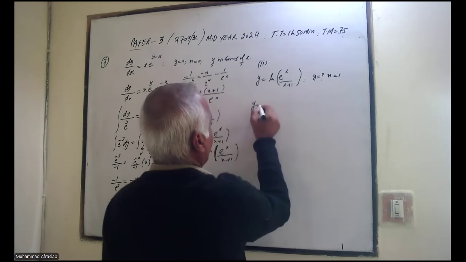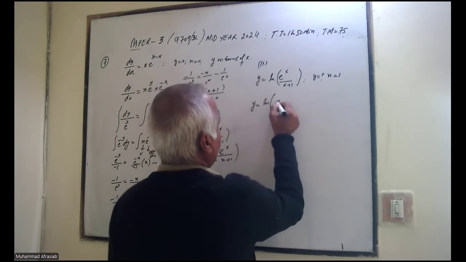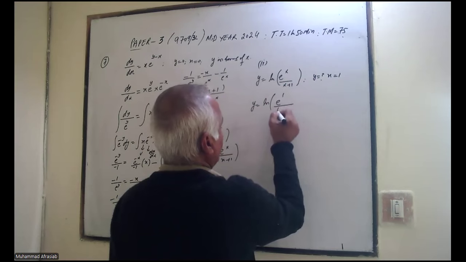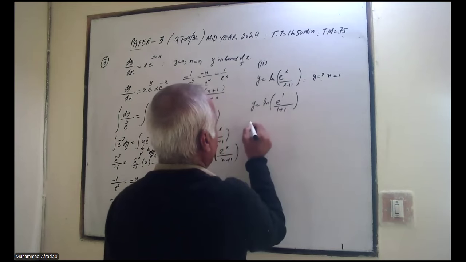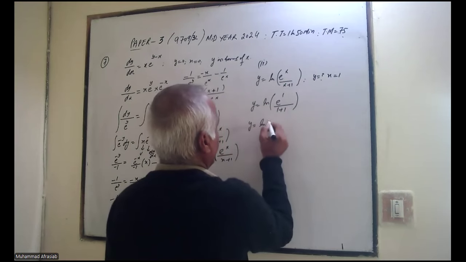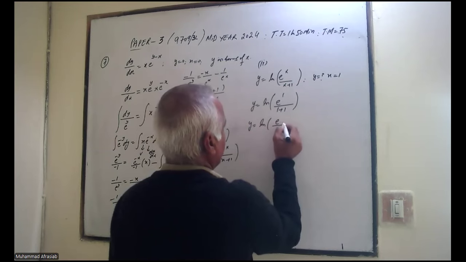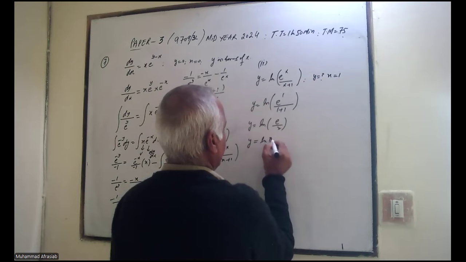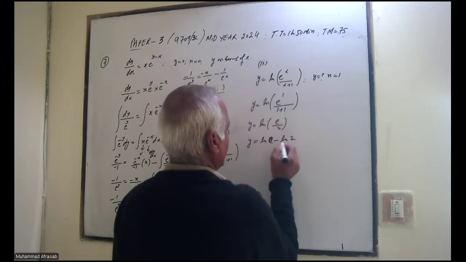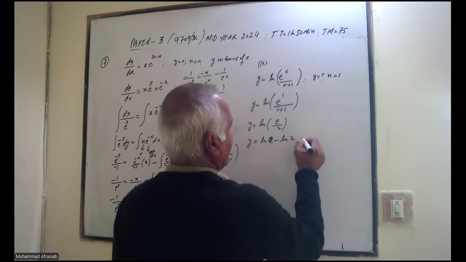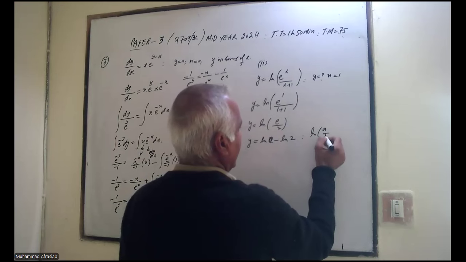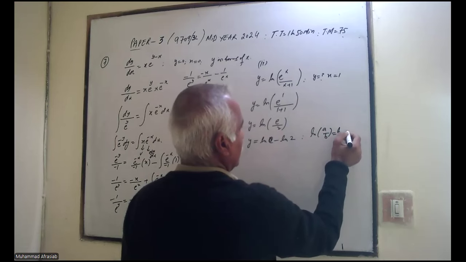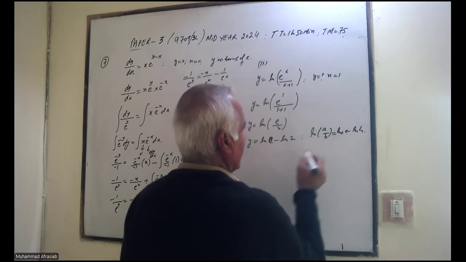So this will become y is equal to ln of e^1 over (1 plus 1). That is equal to ln of e over 2, which is in the form of ln e minus ln 2, with the property ln of a over b is equal to ln a minus ln b.